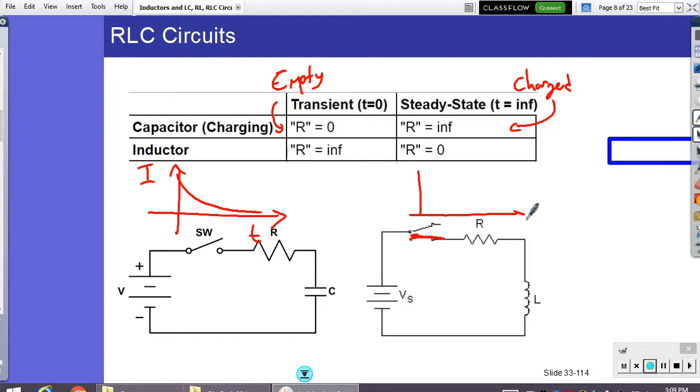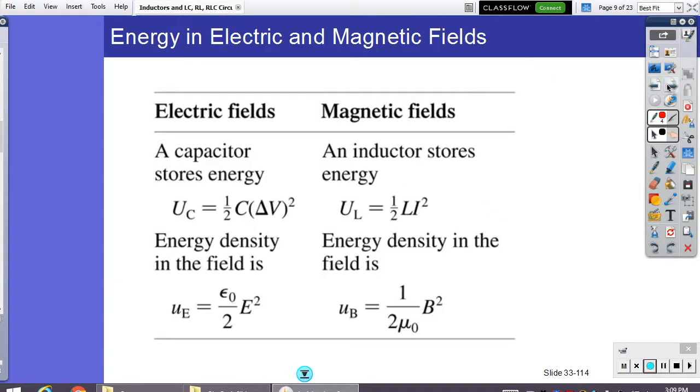In this case, my current is going to start out at 0 because my inductor is not going to let anything happen. My current's going to start out at 0, and then eventually over time, it'll come up. In fact, this is an exponential curve, and I will prove some of that in a moment. So again, energy: capacitors store electrical energy, inductors store magnetic energy.